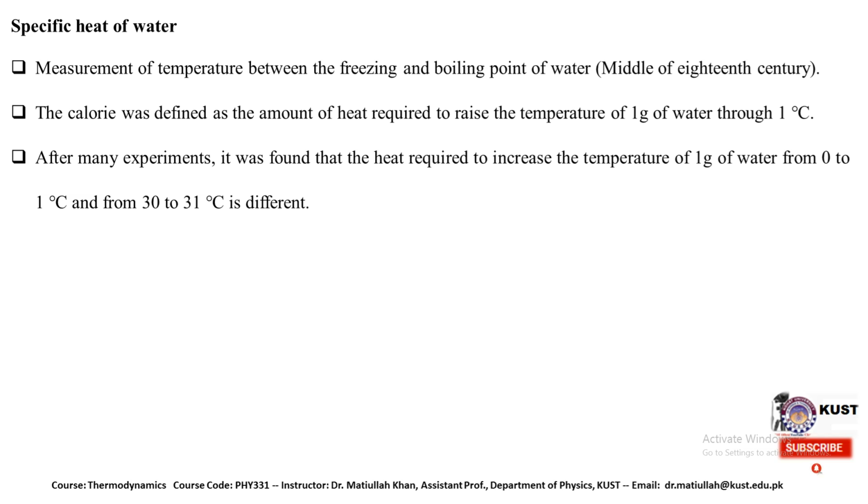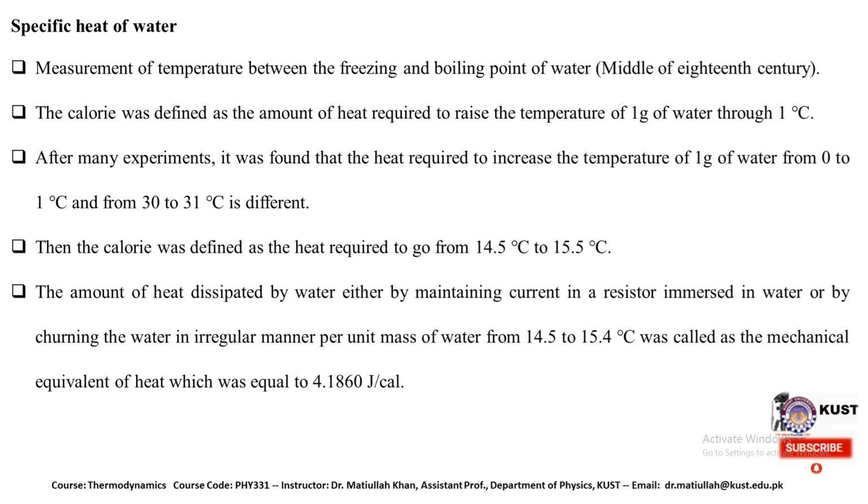Later on we will see in the curve how it differs, but generally we can say that the amount of heat required to raise the temperature of 1 gram of water from 0 to 1 degree C is different from the amount of heat required to raise the temperature of the same 1 gram of water from 30 to 31 degrees C.